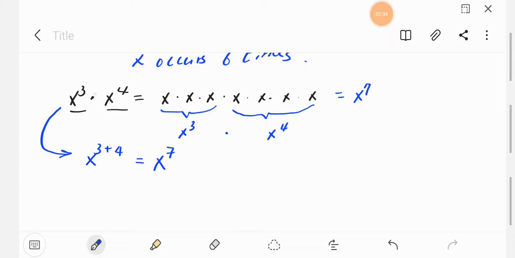So whenever the bases of exponential forms are the same, then we can add up the exponents. So when we multiply exponential forms with the same base, what do we do? Add the exponents.